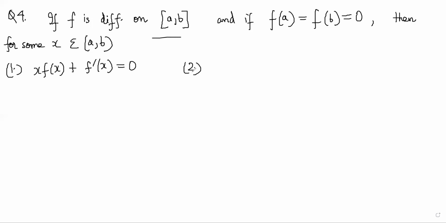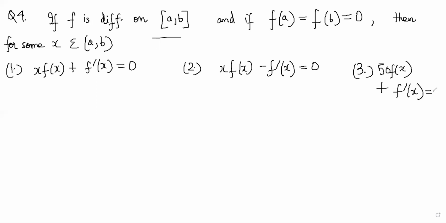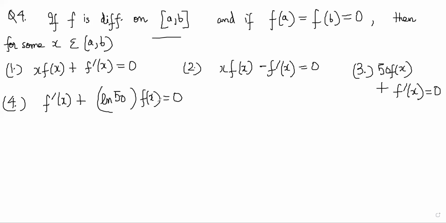Second option is x f of x minus f dash x is equal to 0. Third option, 50 f of x plus f dash x is equal to 0. And D, fourth option is f dash x plus ln 50 f of x is equal to 0.